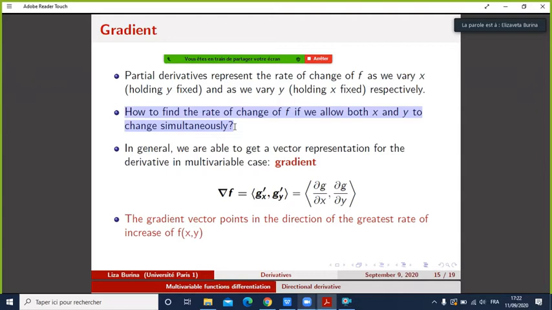I'd like to show you on a graph, but I think it's going to be more of confusion than anything else. So we know about a normal derivative that it can also tell us whether the function is increasing or decreasing at this point, because, for example, if the derivative of a one-variable function is positive, then we understand that the function here is increasing. If this derivative is negative, we understand that it's decreasing.